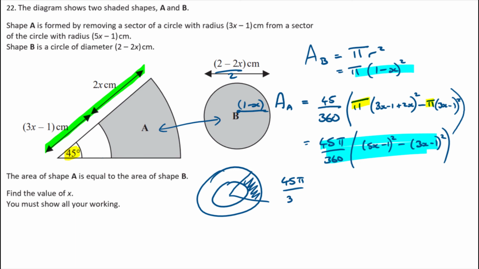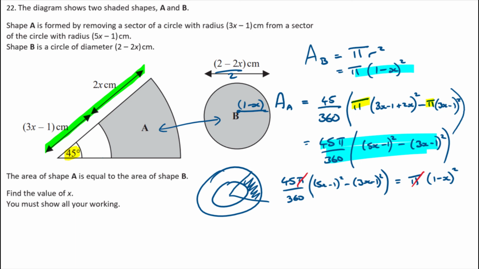So 45 over 360 lots of 5x minus 1 all squared minus 3x minus 1 all squared is equal to pi lots of 1 minus x all squared. Okay, well, I'm going to cancel out this pi. At least I'm going to get rid of that. That makes me feel slightly happier, but I still have a lot of work to do here. This is not very nice.